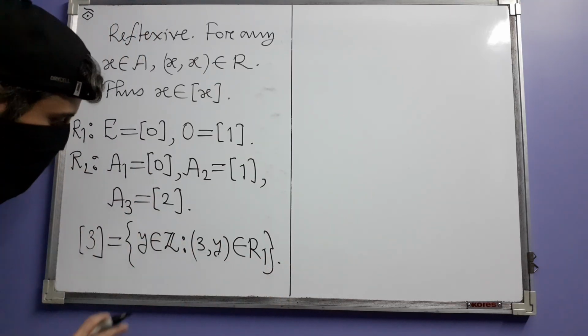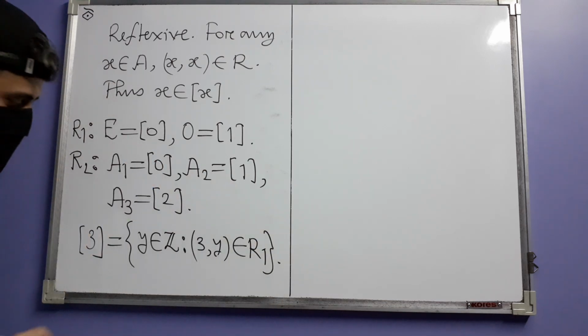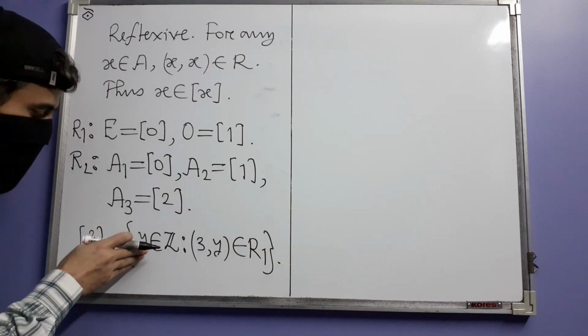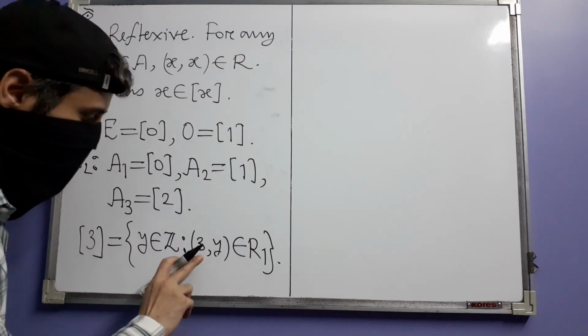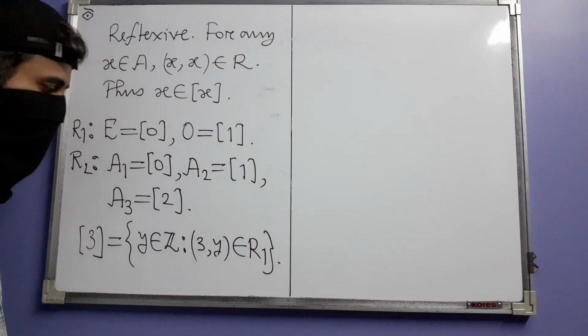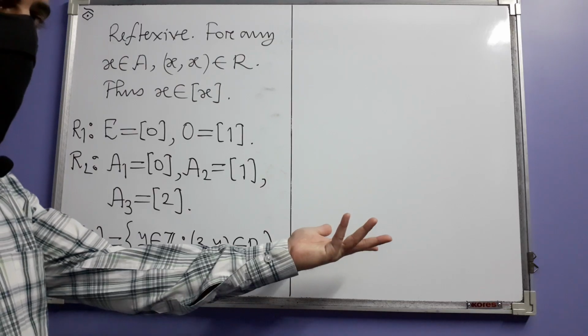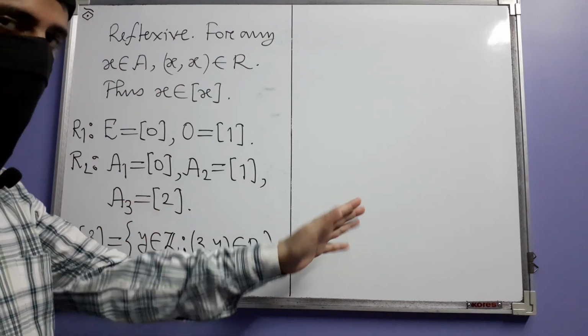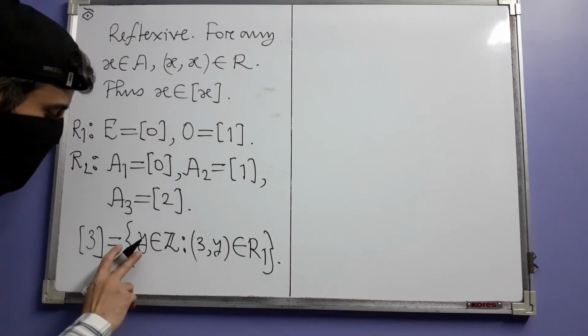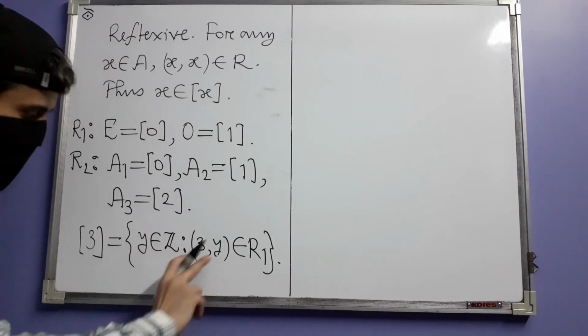So from those properties, what can you say about this set? Shall we have any even integer y here? No, not possible, because then y would be related to 3. But that goes against what we said about the relation R1.